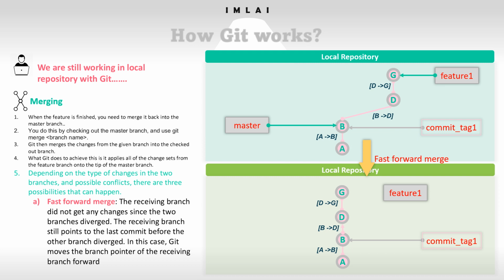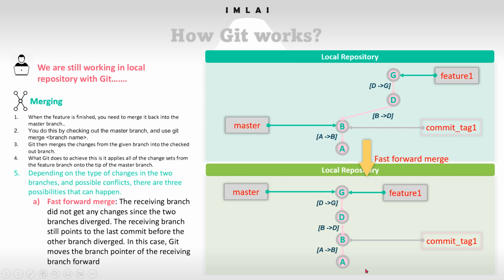As I have animated on the screen, Git moves the branch pointer of the receiving branch forward, because there is nothing to do besides moving the branch pointer forward. So Git calls this a fast forward merge. It's very simple.